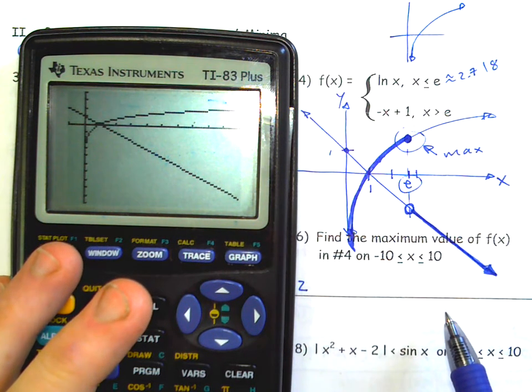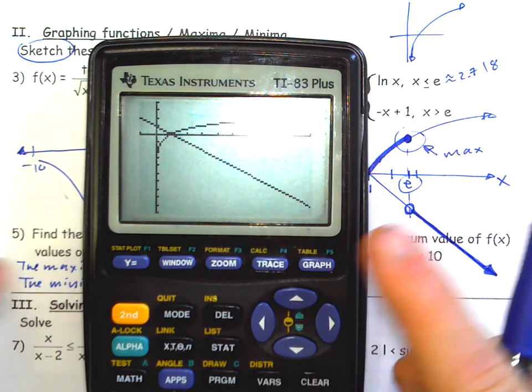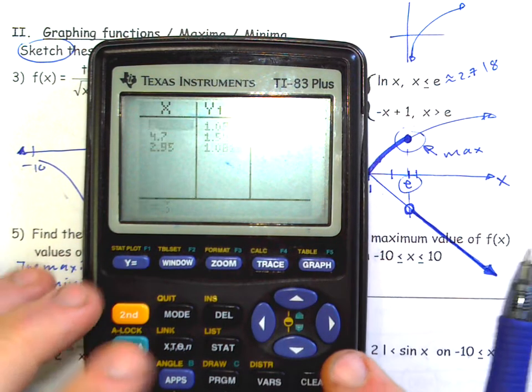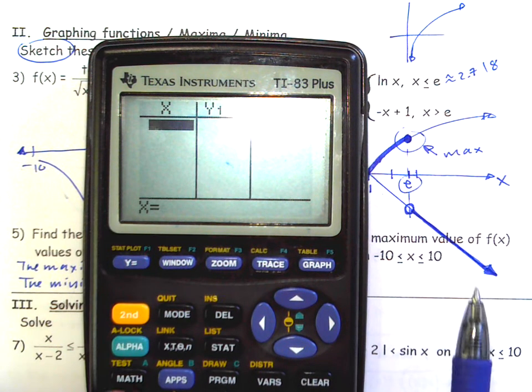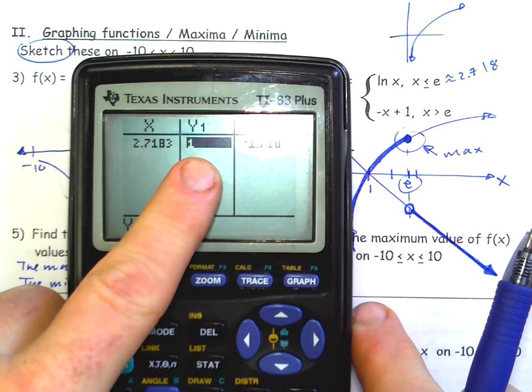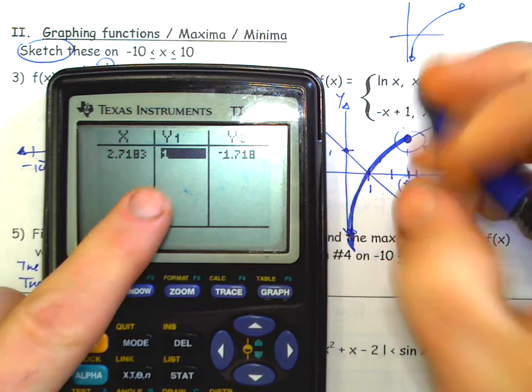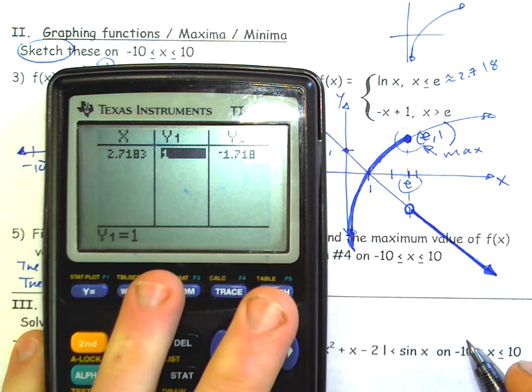So what we're going to do is we're just going to either use the table or go to the original screen, and we could delete previous values. And we're going to put e in here. And y1 is the natural log graph. And so the coordinates at this point are e comma 1, right?